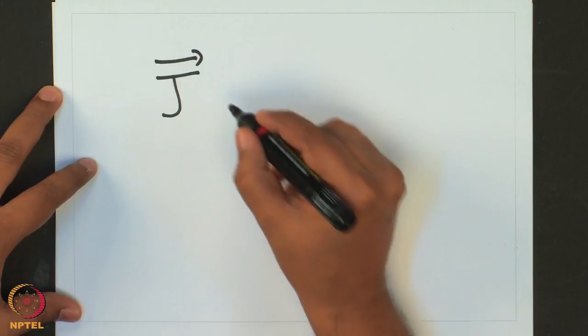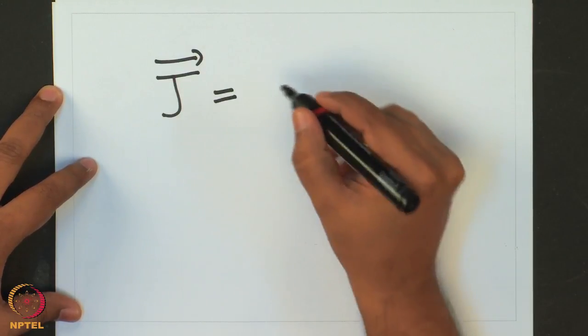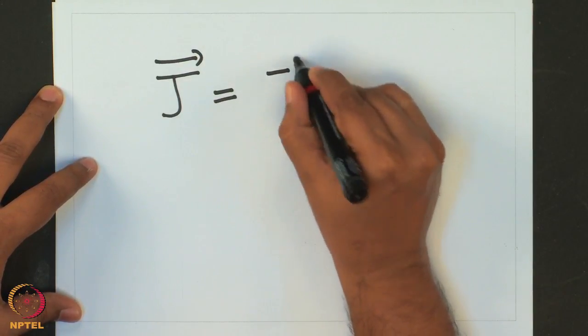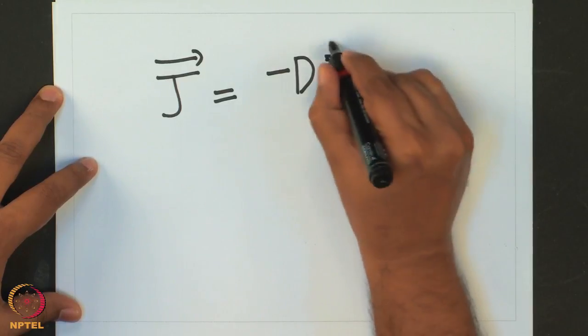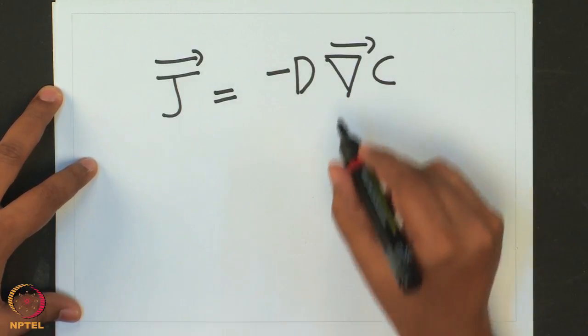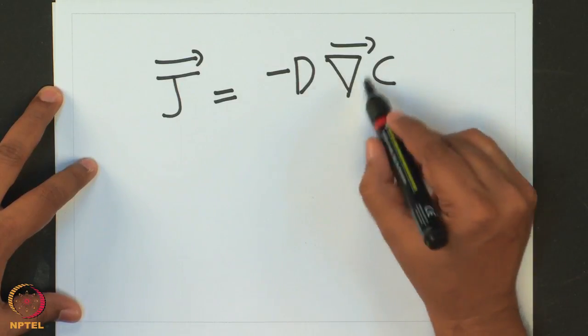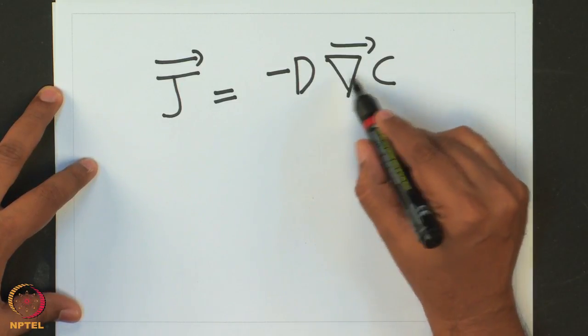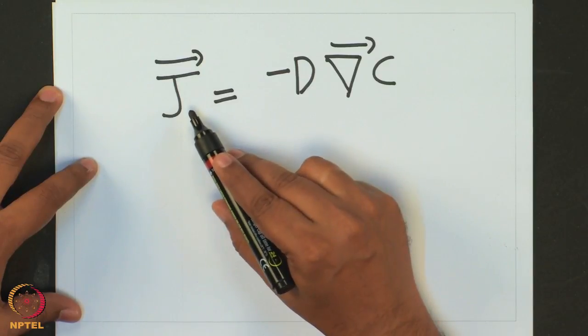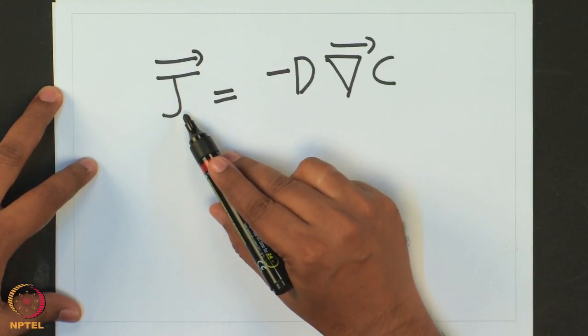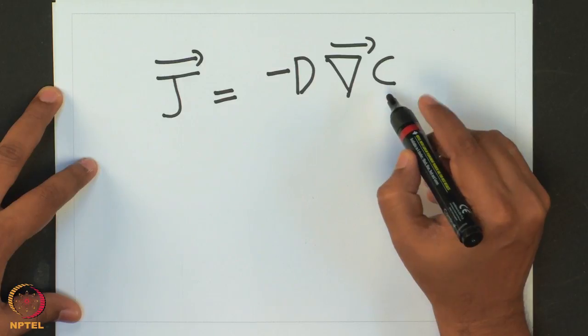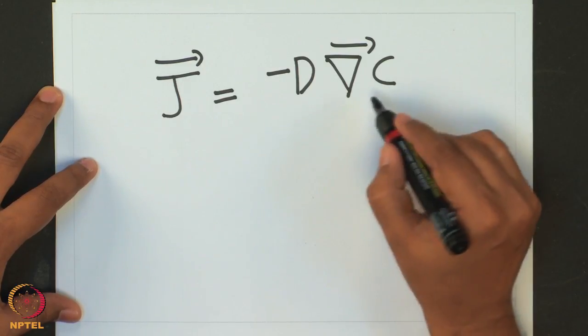This amount of flow, the current, we wrote as minus D gradient of c, where the gradient means the derivative with respect to x, y and z. This is the flow or the current, and c is the concentration, which is the number per volume.